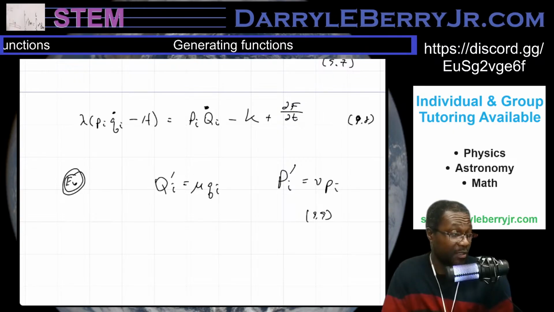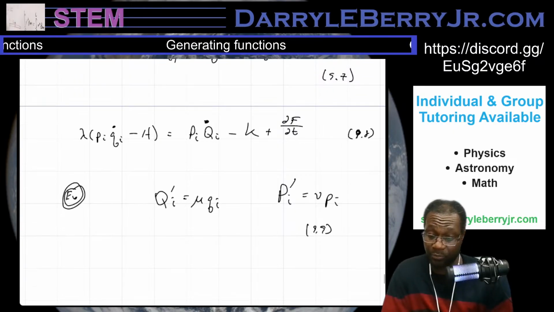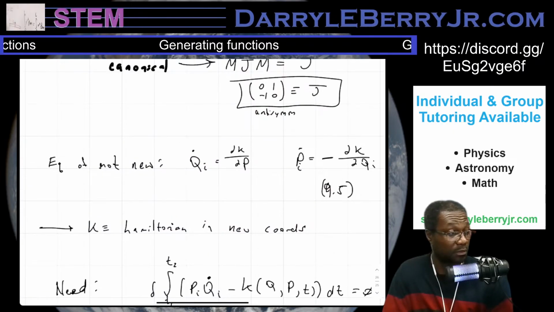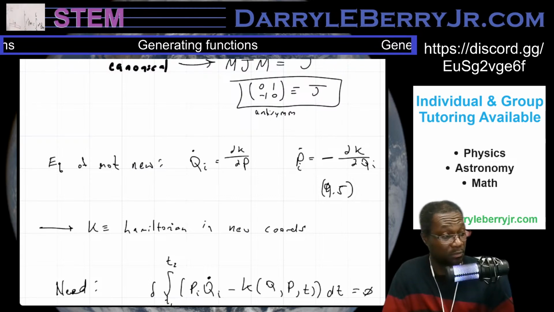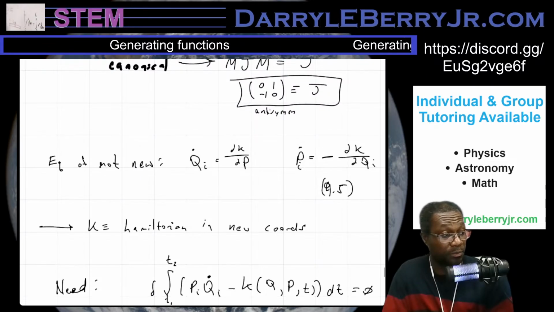Then it is clear that Hamilton's equations of the form 9.5 will be satisfied for a transformed Hamiltonian K of q prime, p prime equals mu nu H(q,p).